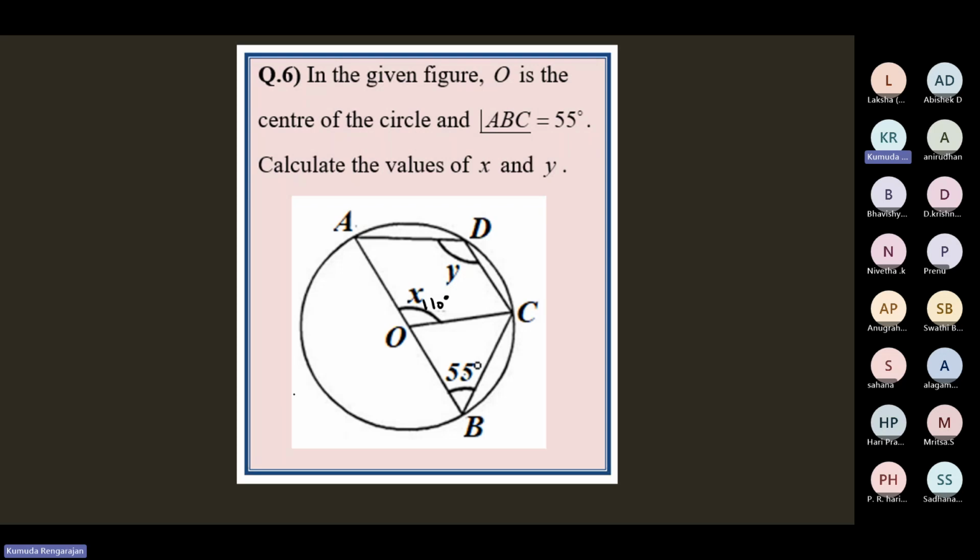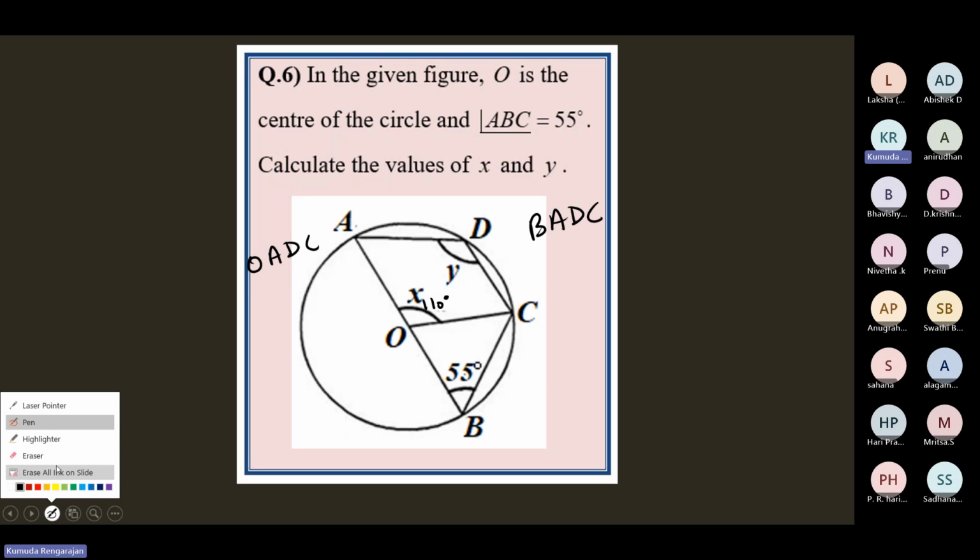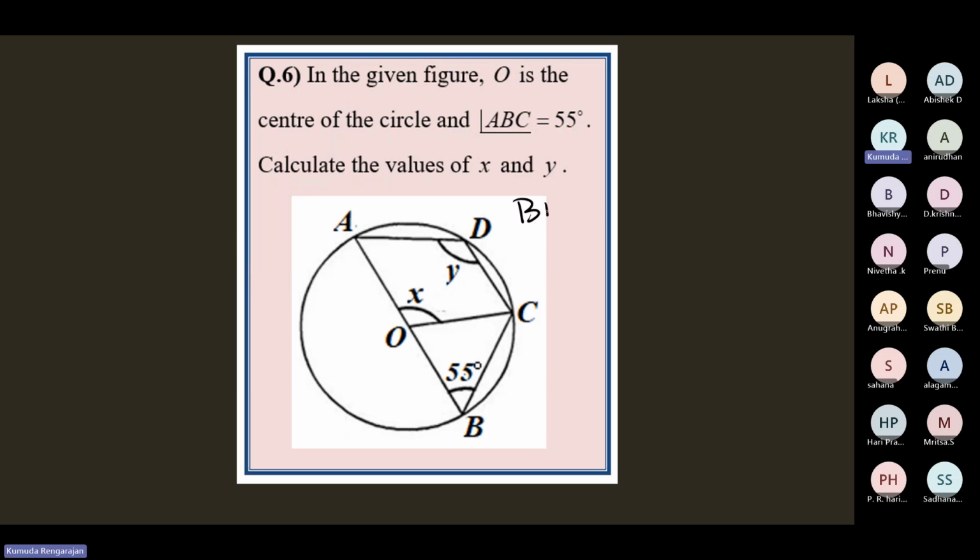Next, we have to find Y. Now, OADC is not cyclic. OADC is a quadrilateral, but not cyclic. But BADC is cyclic.